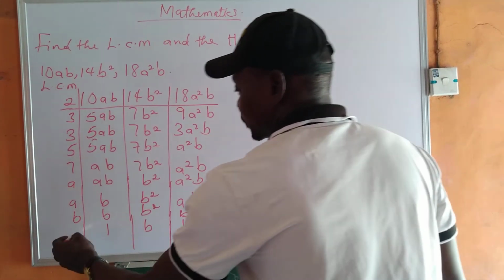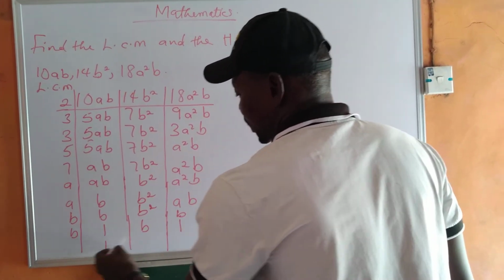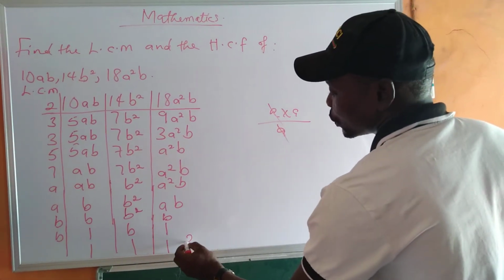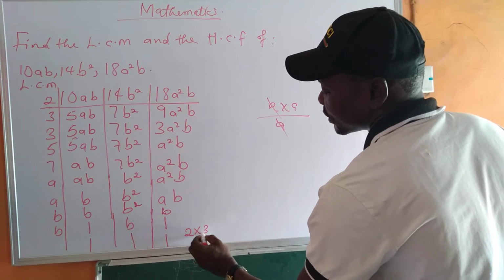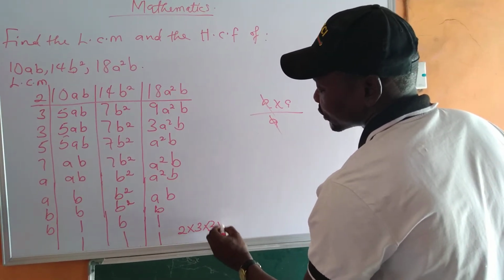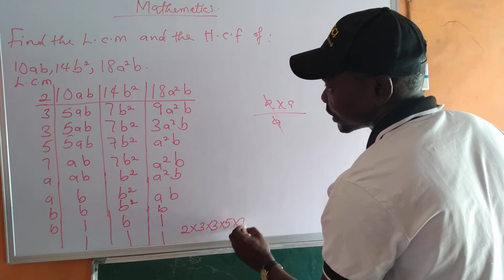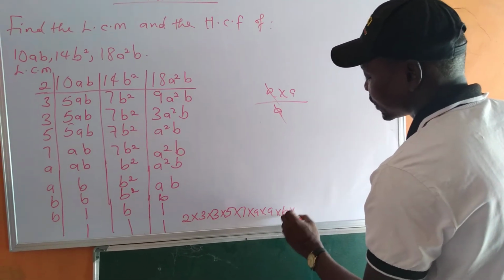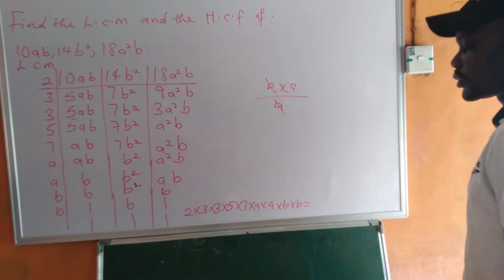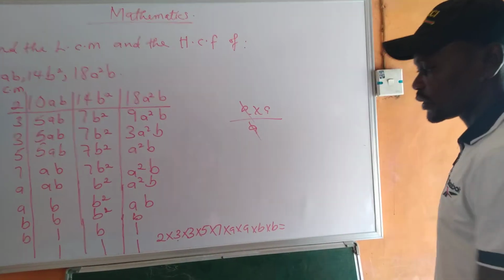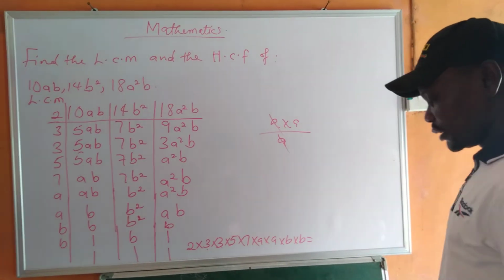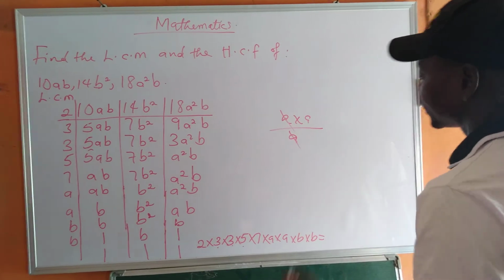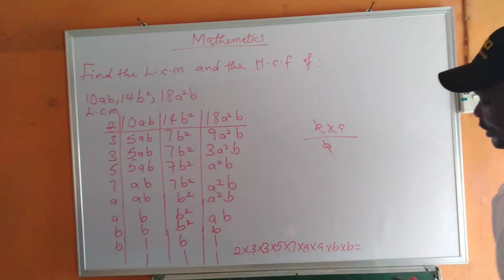We still have 1b left. We divide by b. So b divided by b, 1, 1, 1. So our final answer will be 2 times 3 times 3 times 5 times 7 times a times a times b times b, which equals what? 2 times 3, 6. 6 times 3, 18. 18 times 5, 90. 90 times 7, that is 630.